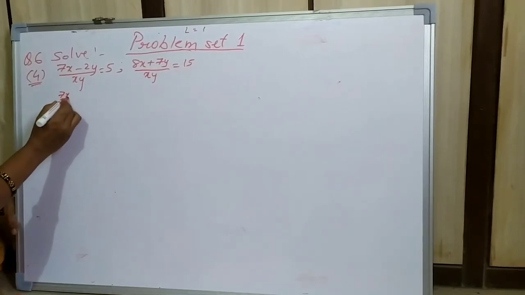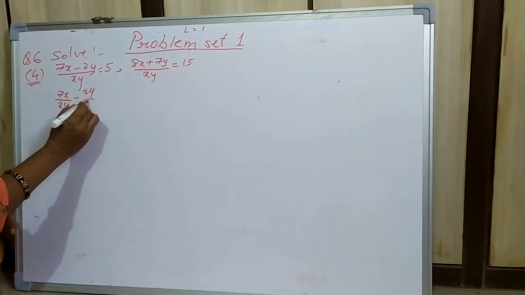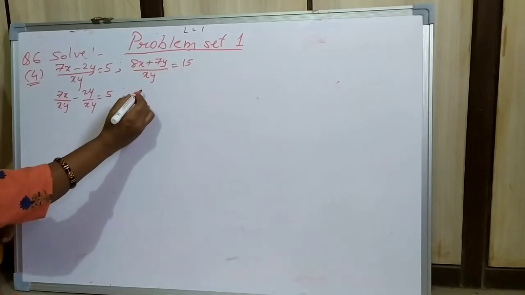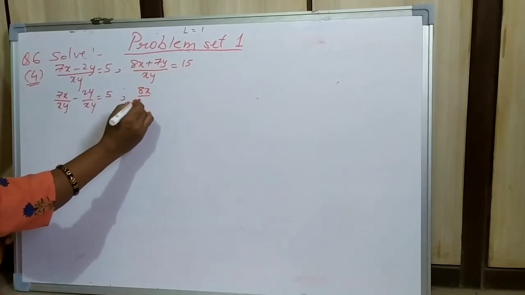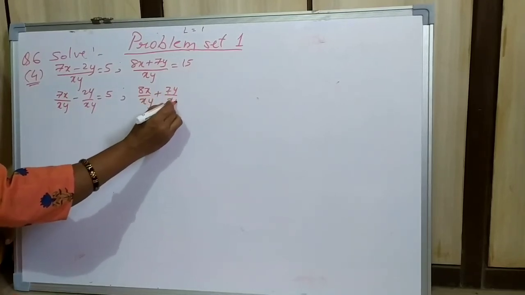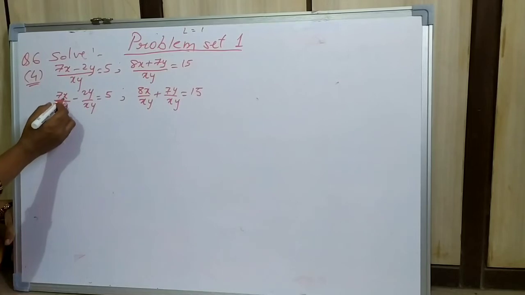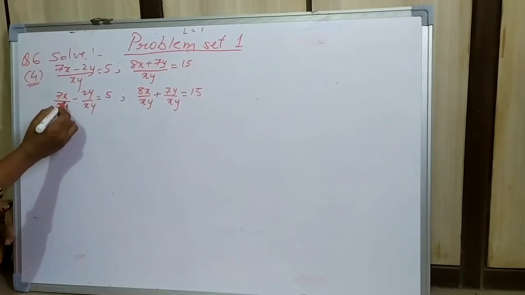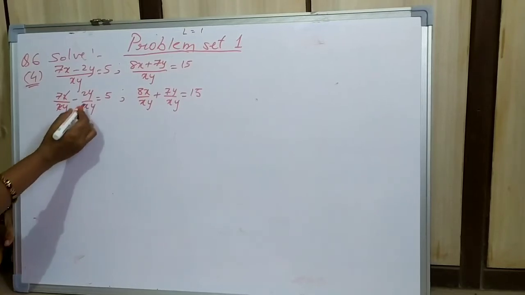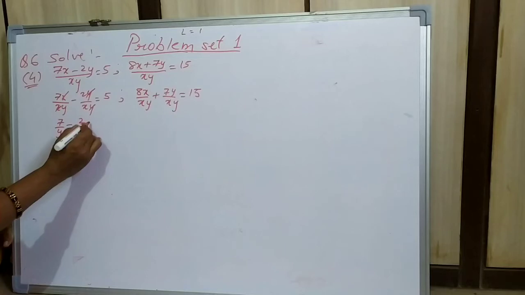So 7x, separate the denominator, minus 2y upon xy, 5 as it is. Similarly in the other equation, 8x upon xy plus 7y upon xy is equal to 15. When separating, in 7x upon xy, x will get cancelled, so only 7 upon y remains. Similarly here, y will get cancelled, minus 2 upon x.